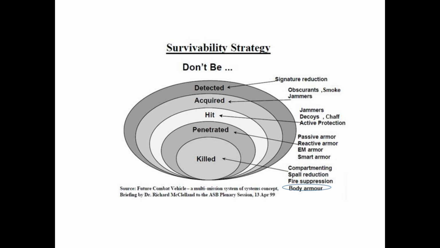So before going to weapon system, we'll talk about the survivability onion. The survivability onion tells us how to avoid detection by your enemy, how to prevent acquisition by your enemy, how to prevent a hit, how to prevent penetration, and how to prevent a kill. So basically this is a topic which tells about how to improve your survivability percentage.